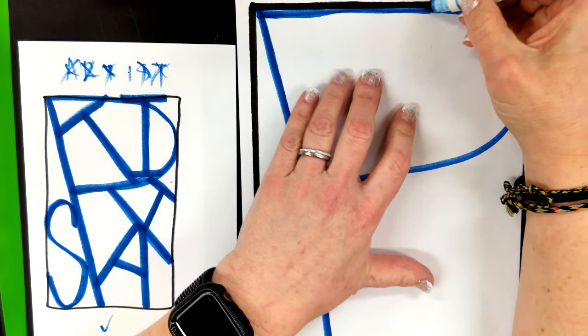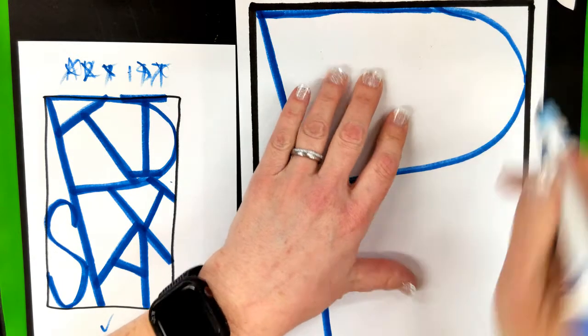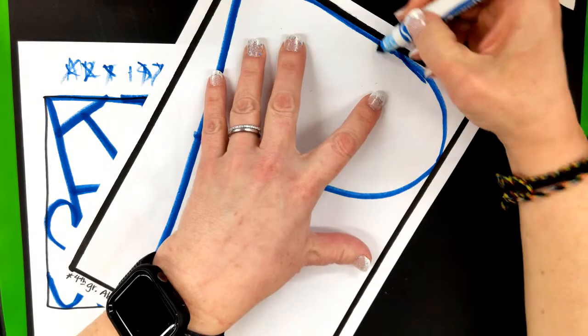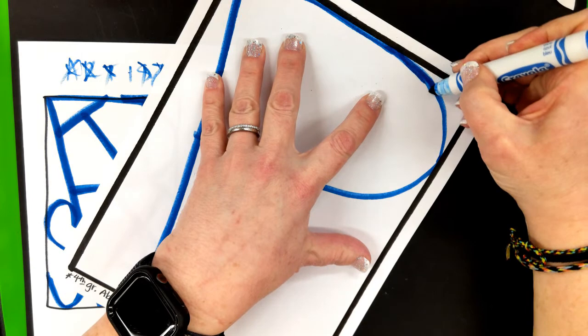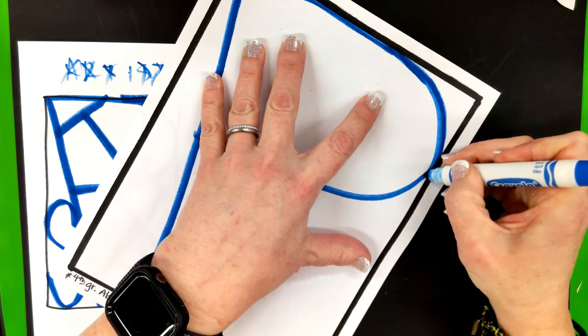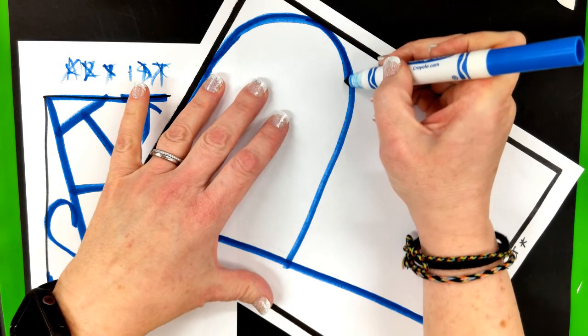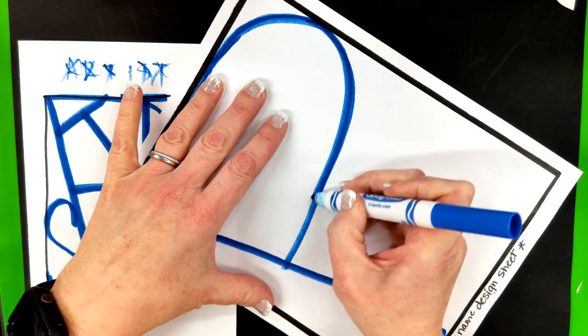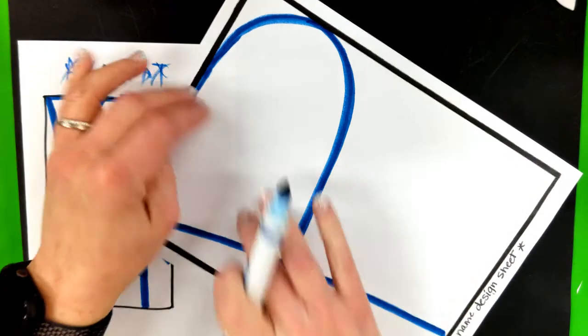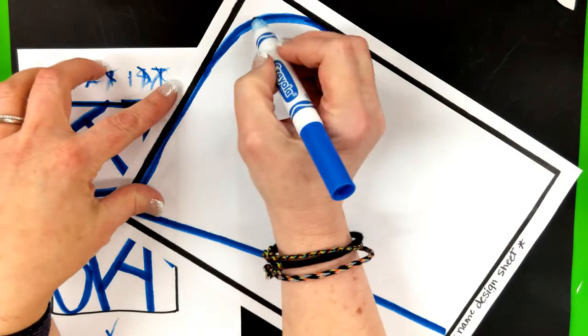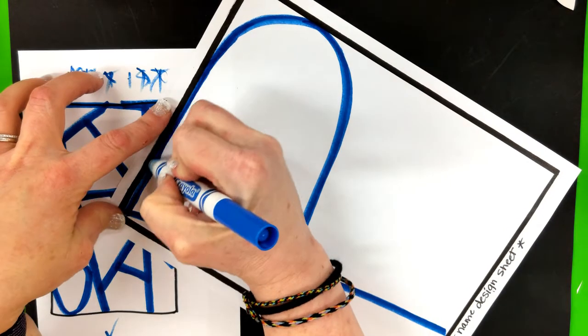I kind of like the lines being thicker when I do these, because I like having that really nice thick black line that separates the color when I get to the color part. That's why I make my lines thicker, and it makes each little area stand out and pop a little more from its neighbor.